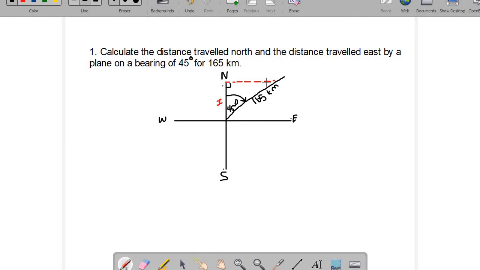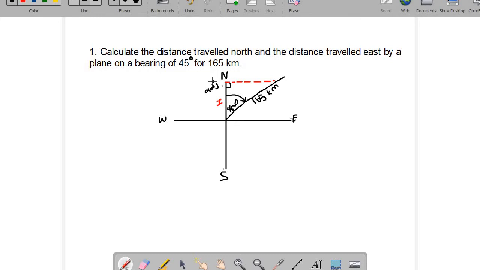Alright, so we're going to label both of these sides to see which trig ratio we should use. This side is touching the angle and it is not the hypotenuse, and I'll explain how I know that this is the hypotenuse later on. Okay, so this is definitely the adjacent side because it touches the angle, but it is not the hypotenuse.